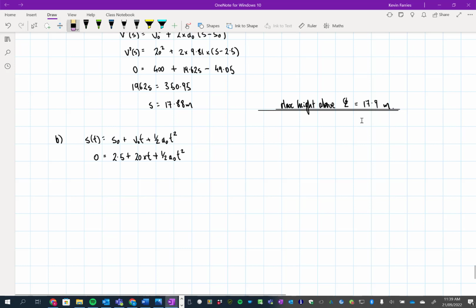Oh, sorry, we know a, so we can put that in. So a is equal to half times 9.81 times t squared. But that acceleration is in the negative direction, so this whole thing is going to be negative.